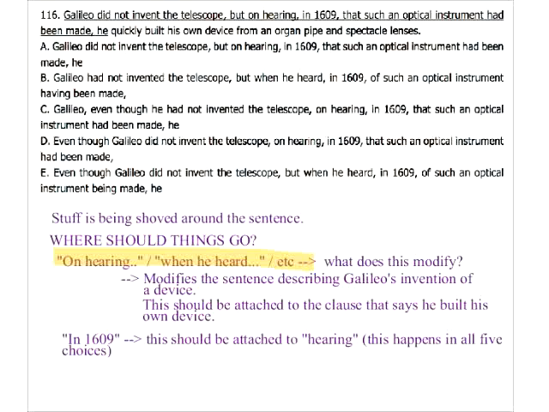Here it is in choice A. Here it is in choice B. Here it is in choice C. Here it is in choice D. And here it is in choice E.